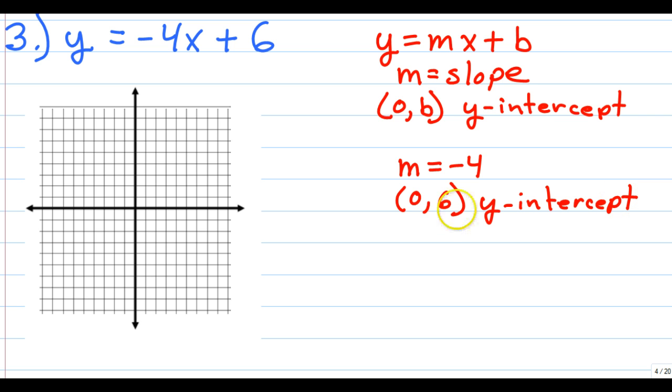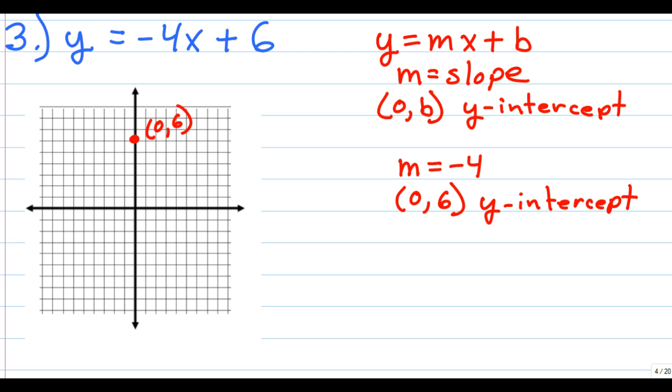Knowing this, we can now graph our y-intercept directly onto our graph. So we'll start at that 0, and we'll move up 6 places, 1, 2, 3, 4, 5, 6, and we're going to put our dot. So we have 0, 6.